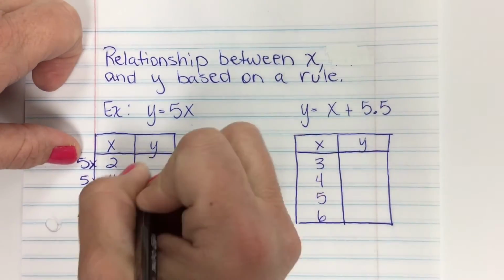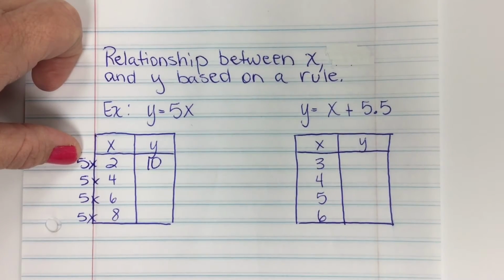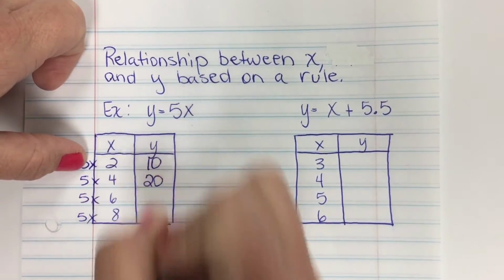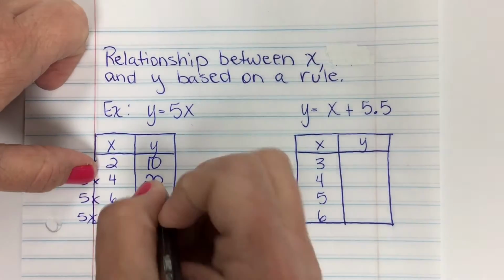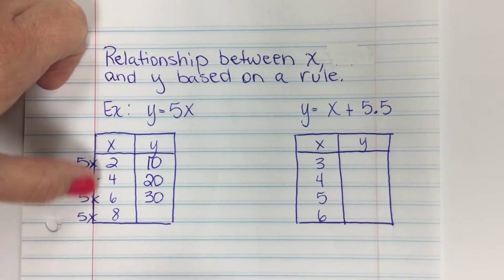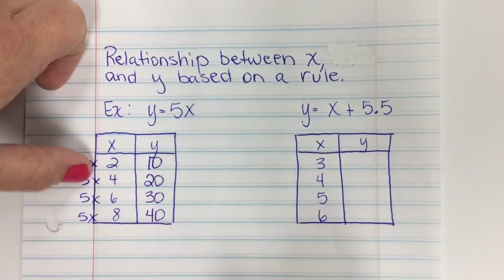So 5 times 2 is 10, so Y equals 10. 5 times 4 is 20, so Y equals 20. 5 times 6 is 30, so Y equals 30. 5 times 8 is 40, so Y equals 40.